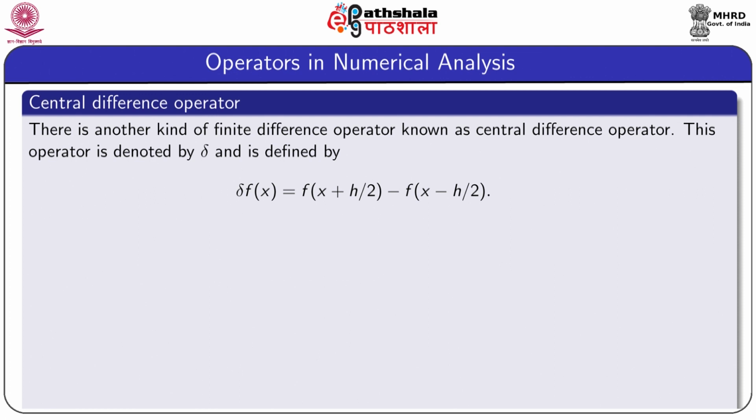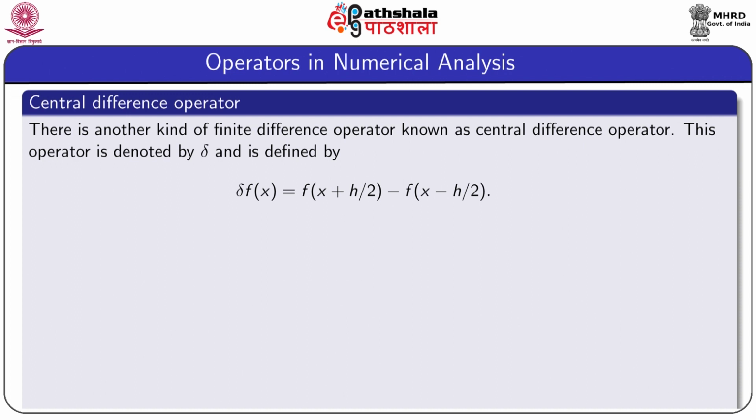Now, we come to another finite difference operator known as the central difference operator, and this operator is denoted by small delta. It may be noted that the forward difference operator is denoted by capital delta, but the central difference operator is denoted by small delta. The small delta of f x equal to f of x plus h by 2 minus f of x minus h by 2.